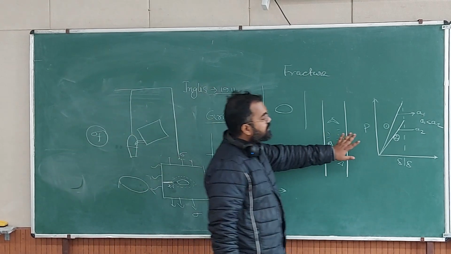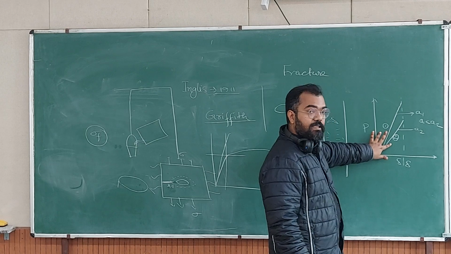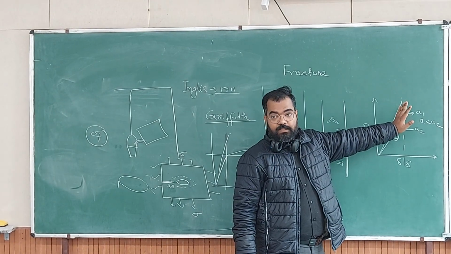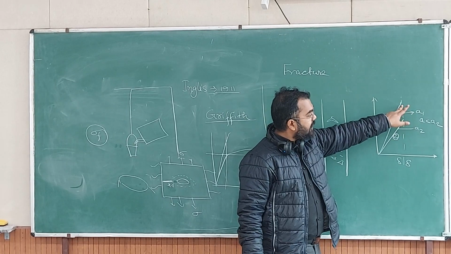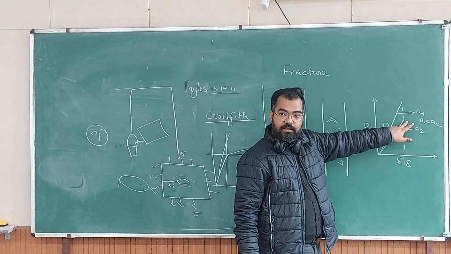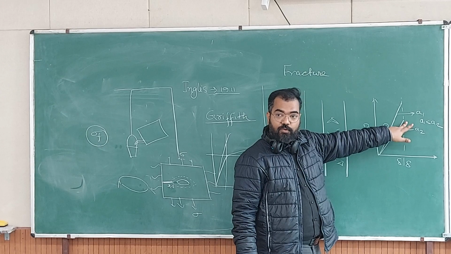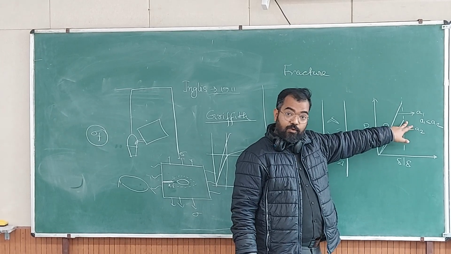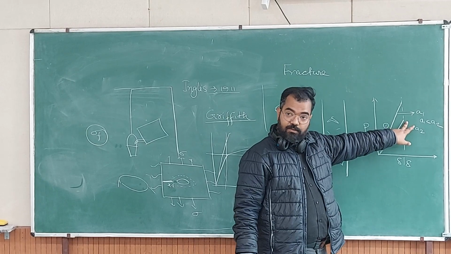So we have two samples at two different crack lengths, and even if there is plasticity, if this crack has to grow to that extent, you will need a little more force for plastic deformation, but then the load will drop. It must drop.